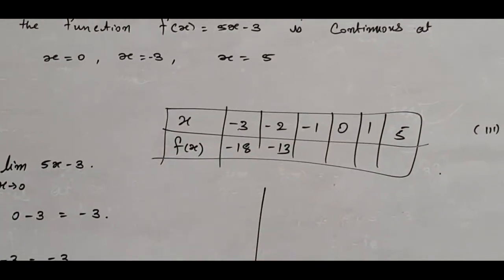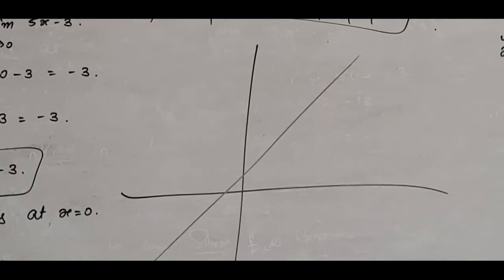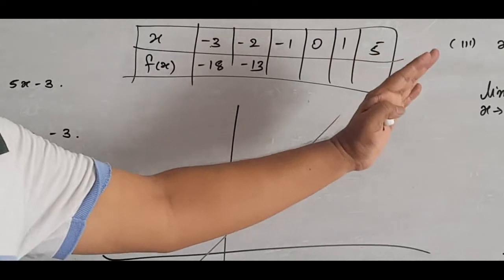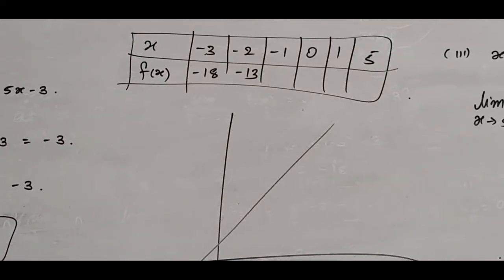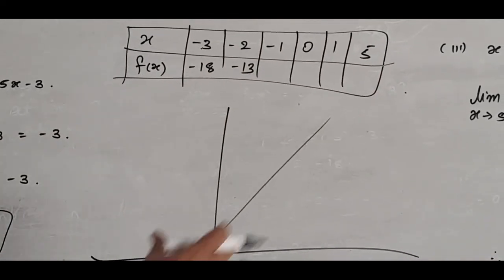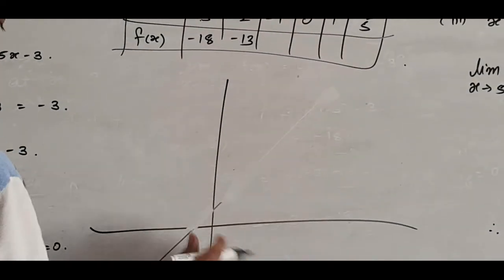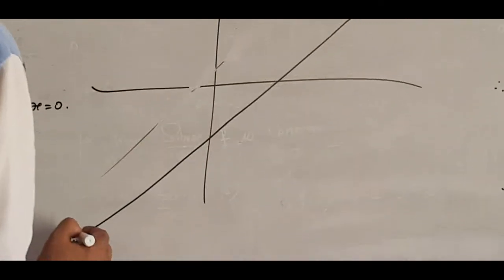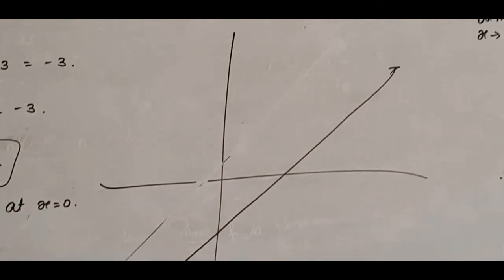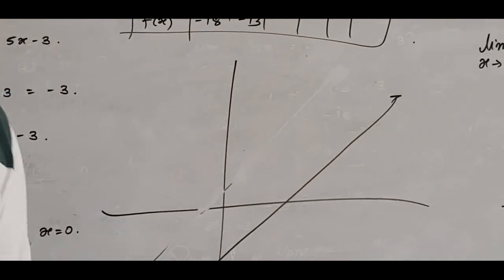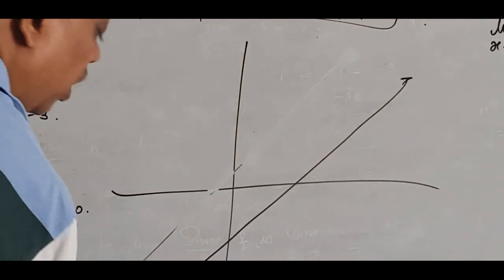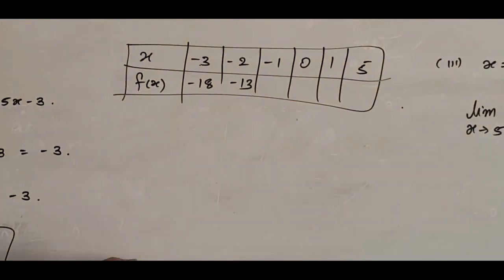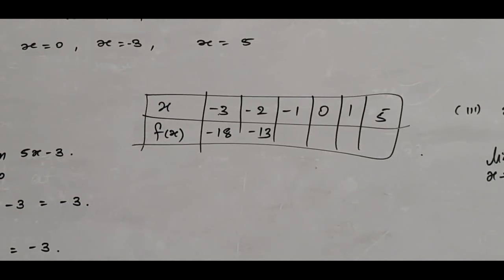So your line will be like this. I'm randomly plotting, not accurate. It is a straight line. Is that clear? At 0 it is minus 3, so it should be crossing like this. So just take care of this. When your line is straight, the function is continuous. At x equal to 0, it is minus 3, so on this side it will be. Understand?